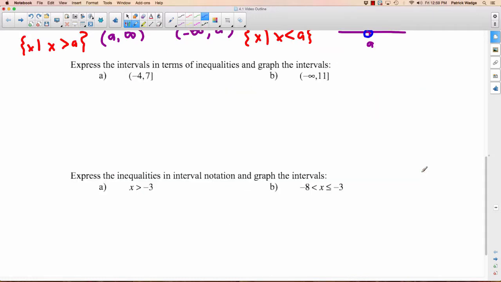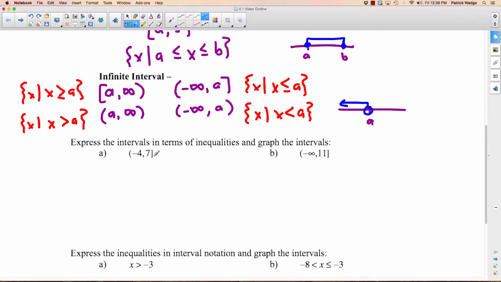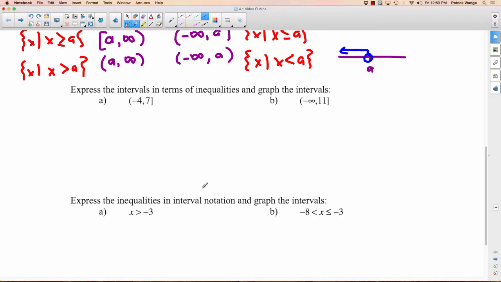Okay, what we're going to do now is go from one form to the other, so from like the purple form to the red form. If we have this one from -4 not inclusive to 7 inclusive, how would we write that in set theory? We're talking about the set x. This is always going to be the case, although it could be a different letter.